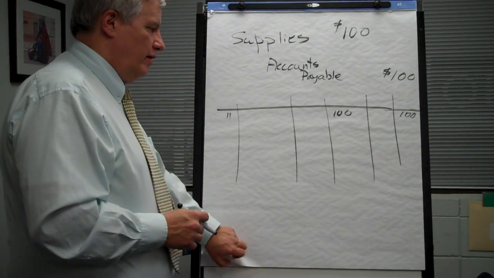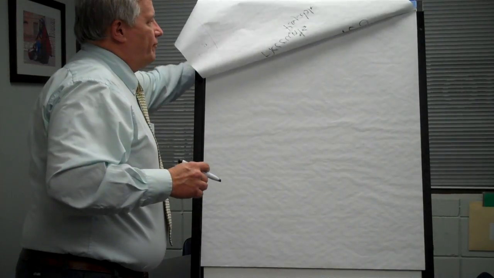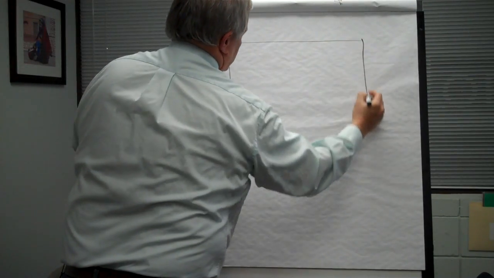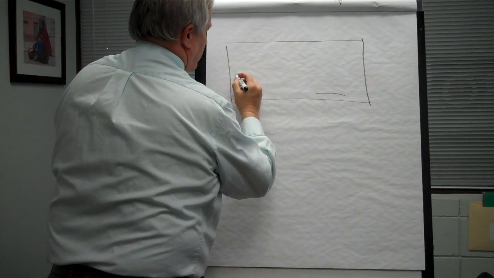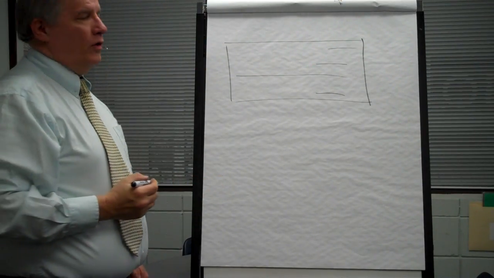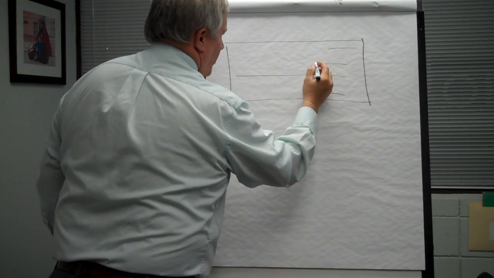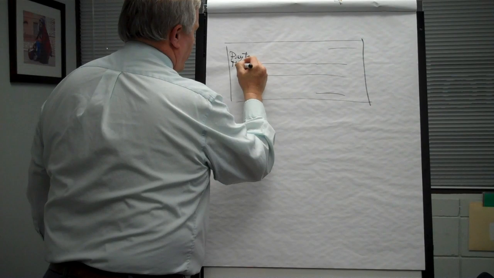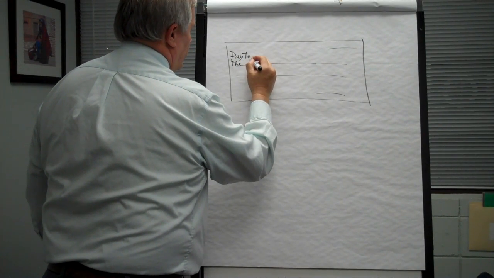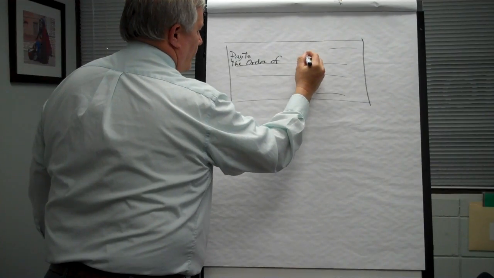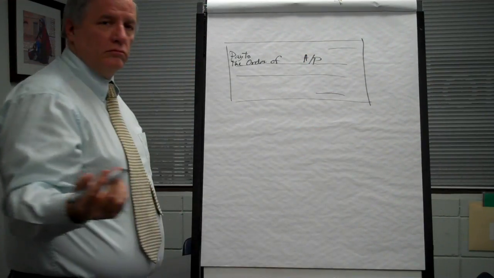If I get ready to write a check, whose name am I going to put in this line? Pay to the order of accounts payable?